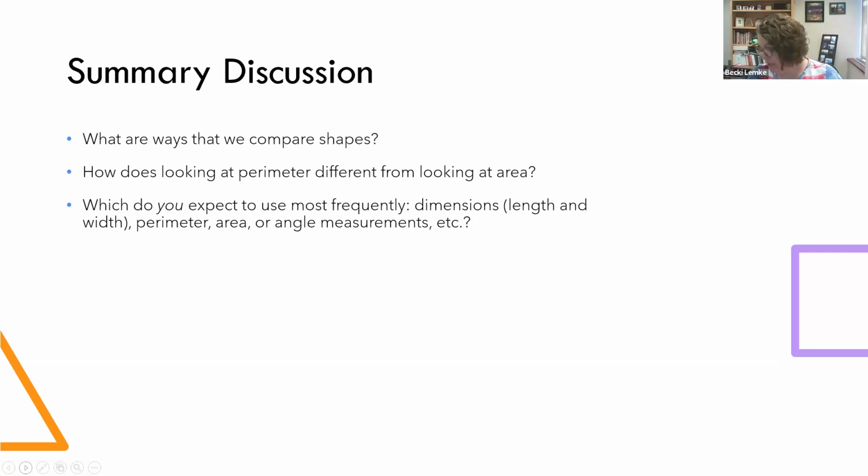And I actually became obsessed with the Zillow pictures of the interior of my new house before we took possession, like looking at things like, okay, so if the windows are this wide, this dresser should fit right there. And in my head, I had arranged a lot of furniture, kind of doing the same thing that we just did. Yeah. So I think it's a kind of a crazy example, but I think people can kind of understand that. Like, you move into a house or an apartment, you've got to see how things fit. And it really is, perimeter, area, angle measurements, all those things come into play.